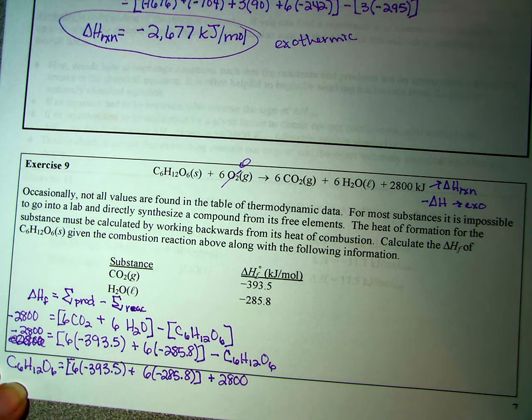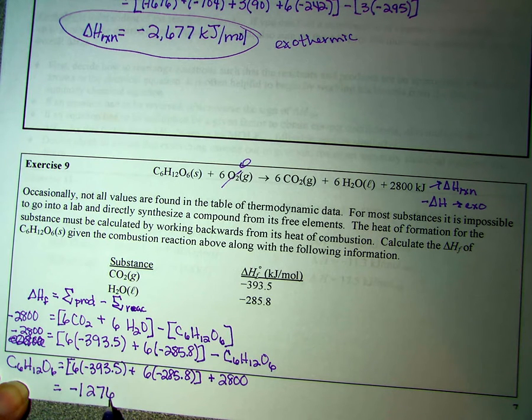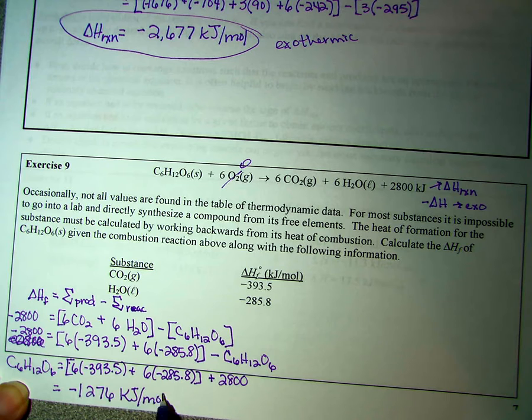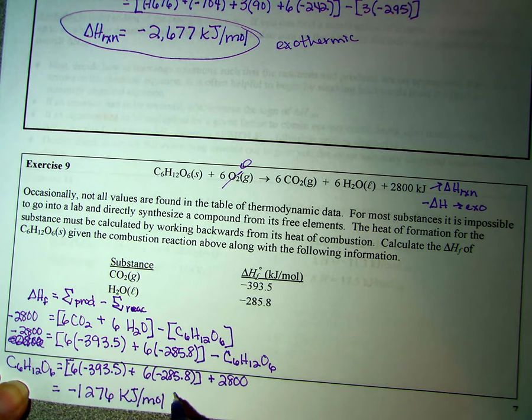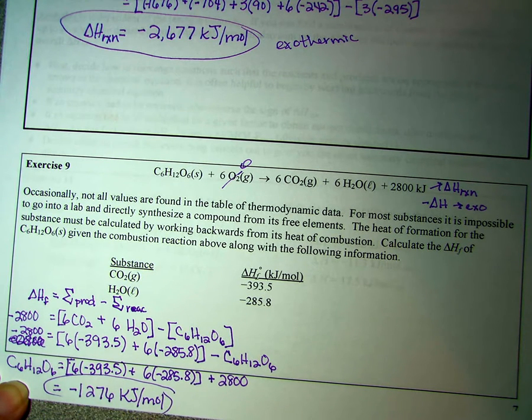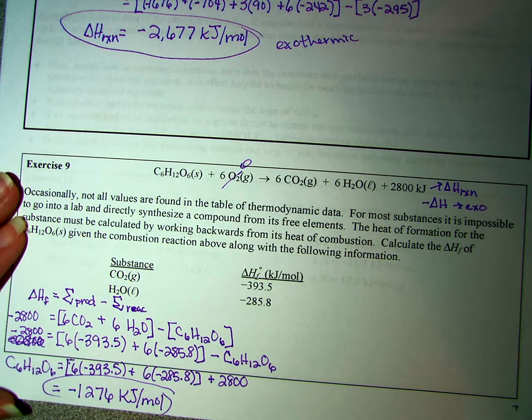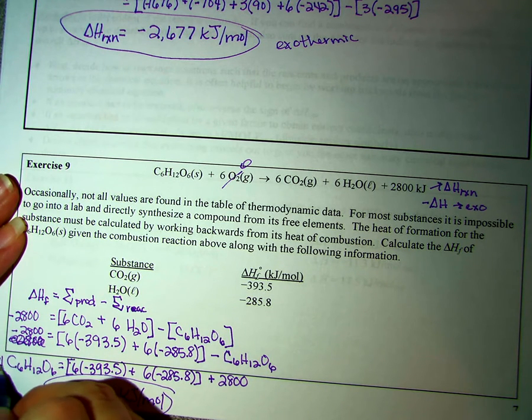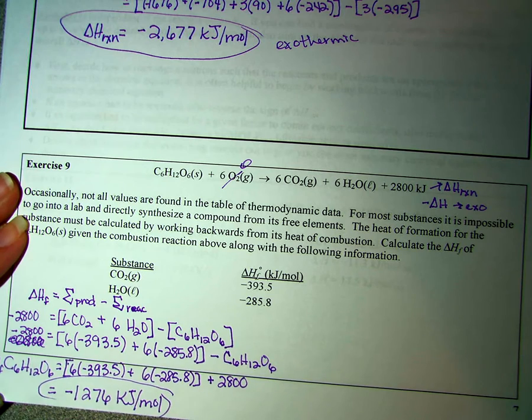When you calculate that, you get negative 1,276, and this is the same as the previous one, kilojoules per mole. So that's our delta H of formation of C6H12O6.